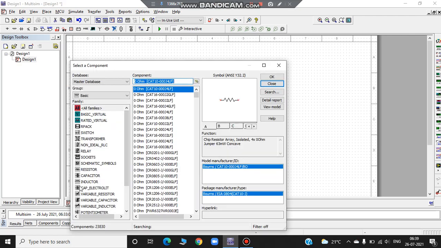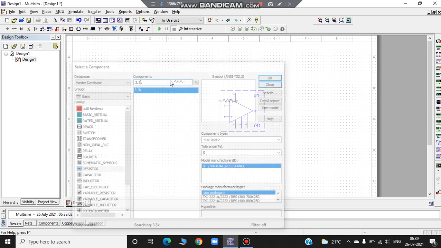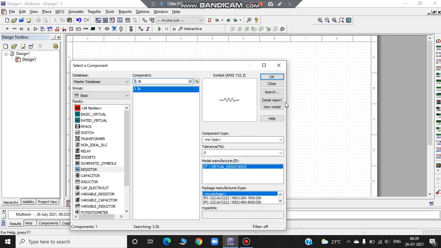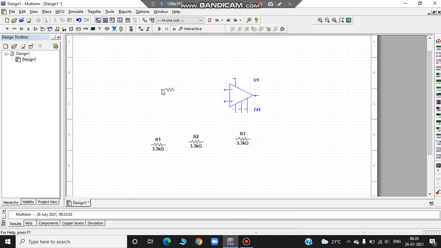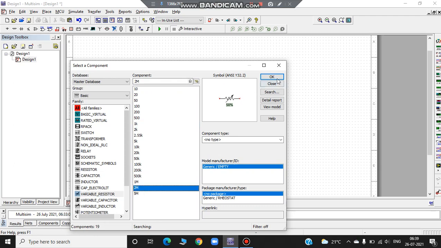I'll take resistors, 3 resistors of value 3.3K. And 2 resistors of value 33K and a variable resistor of 2 mega ohm.